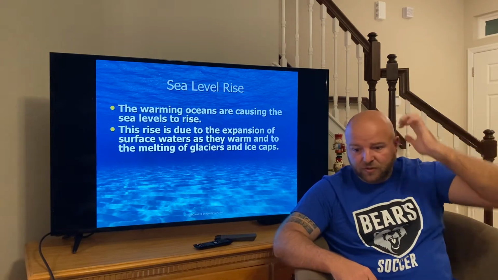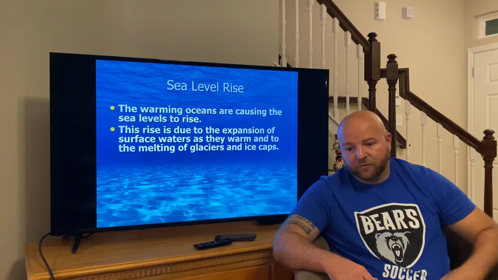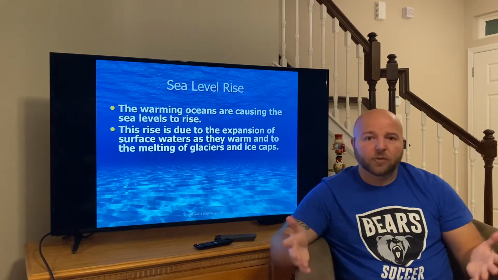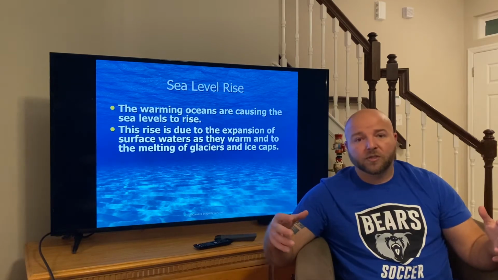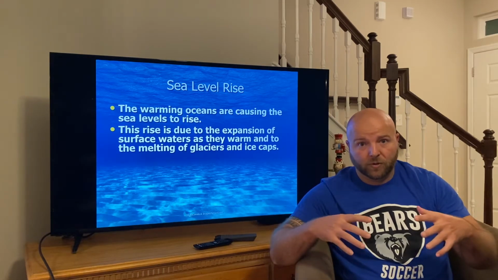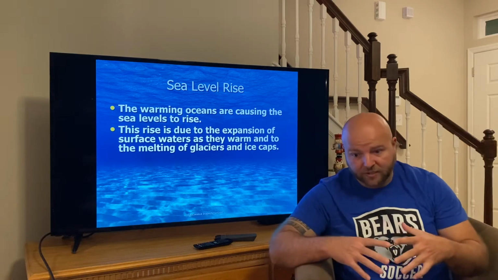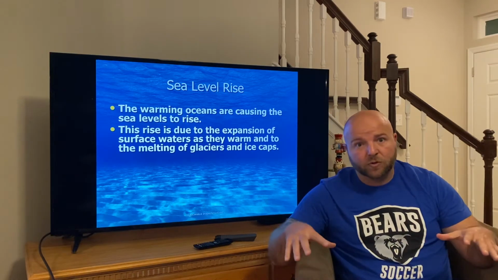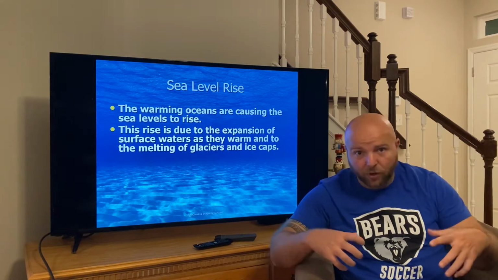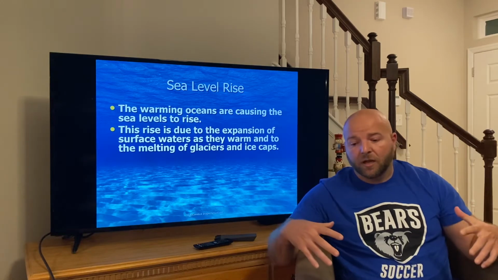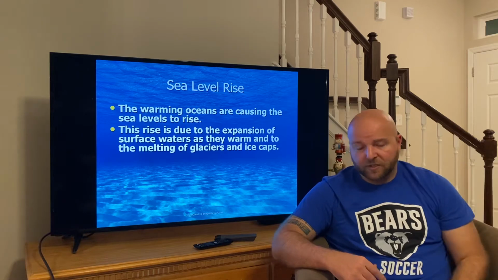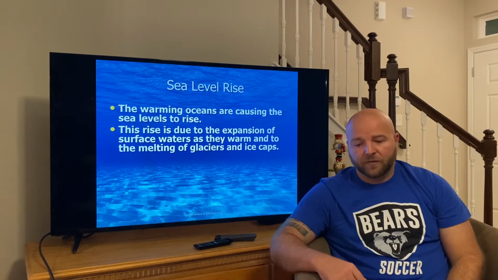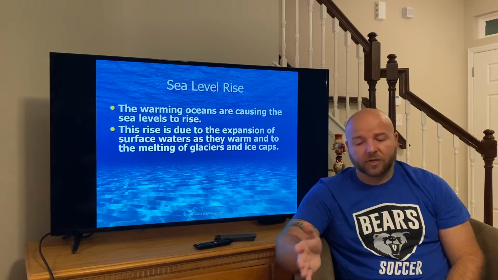This rise is due to the expansion of surface water as they warm. So not just more water from the melting ice, that is part of it, but also the heat expands, cold contracts, and so as these surface waters warm, they are expanding. The particles separate a little bit, and that causes a little bit of sea level rise as well, as well as the typical response that we would hear or think about.